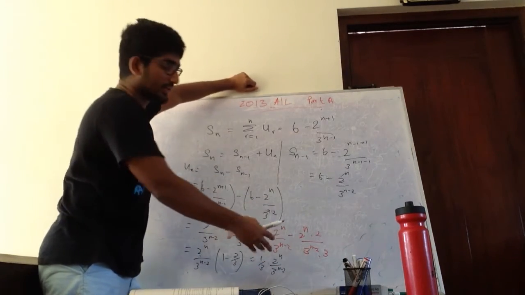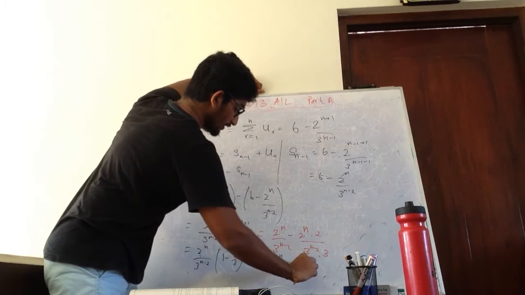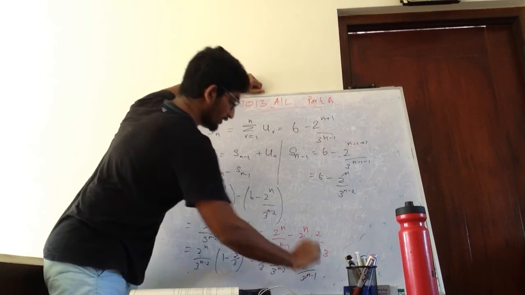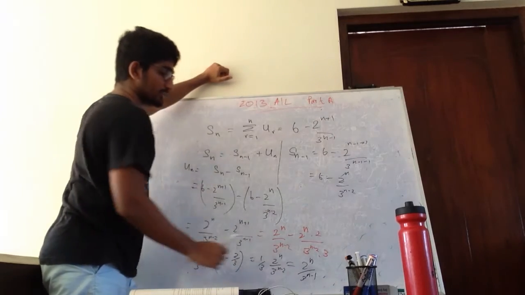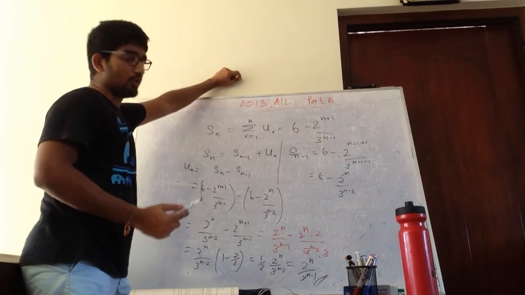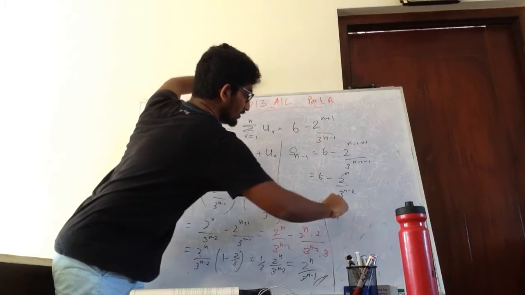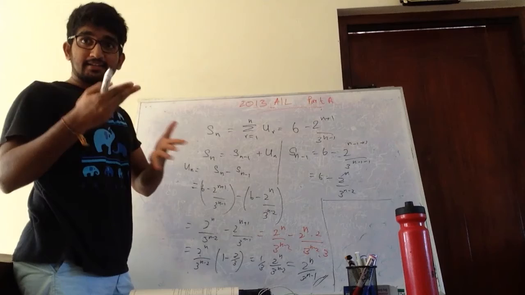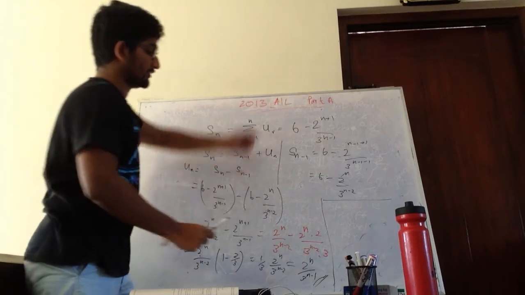You can actually manipulate the answer. So what I can do is write this as 2 to the n over 3 to the n minus 1. No problem. If you add these up, this also can be an answer. Furthermore, you can simplify and write it in a series way, by doing what?